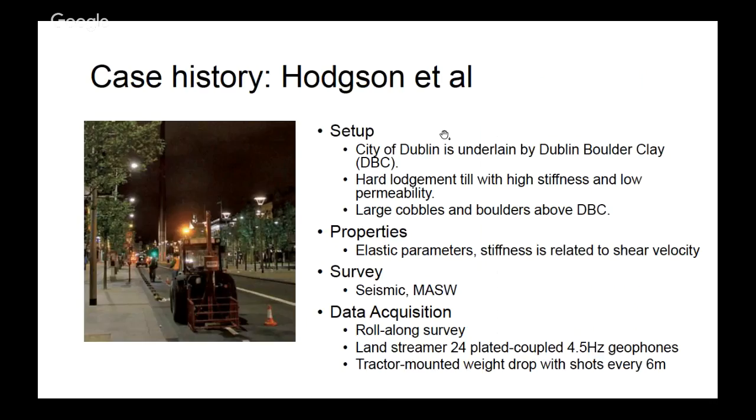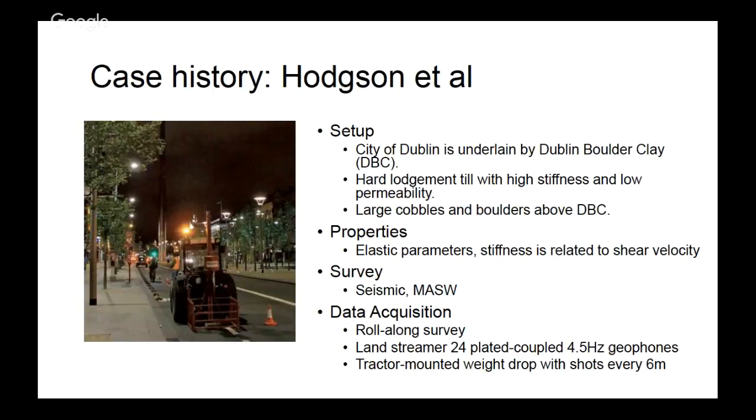So there was a case history, actually, that we went over in your first TBL, where they were in the city of Dublin, and they were going along and trying to measure the shear wave velocity and map the thickness of glacial till and bedrock under some of these roads.